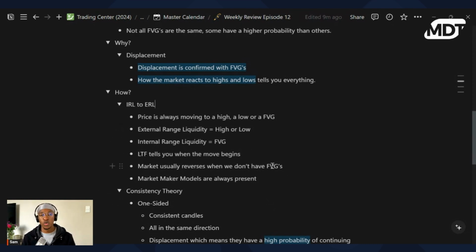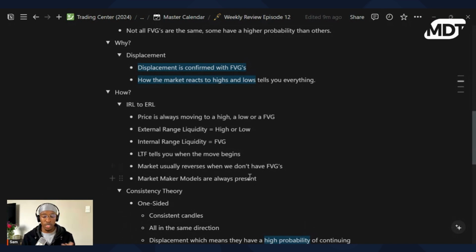Low time frame tells you when the move begins, and the market usually reverses when we don't have fair value gaps. The absence of fair value gaps, which is also the absence of volume in a move, can indicate that we are either decelerating or are pending a shift in structure.